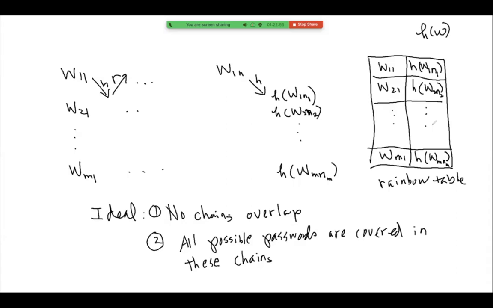Okay, so now let me start a page. So we first want to see, let's say we got H of W. So this is captured. I capture this.